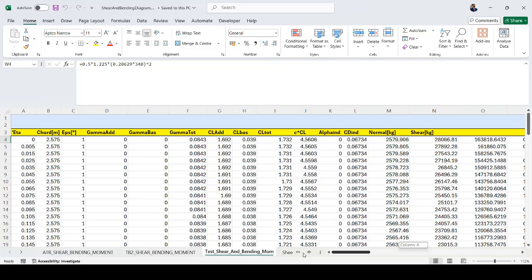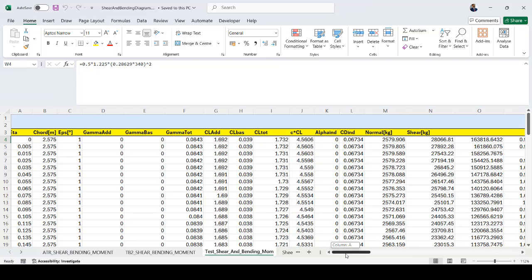So we switch to Excel. I can show you all the output of the ADAS, but afterwards I will give you some other reference on ADAS and show you the developer of this software. But this is a wing similar to the ATR 72.